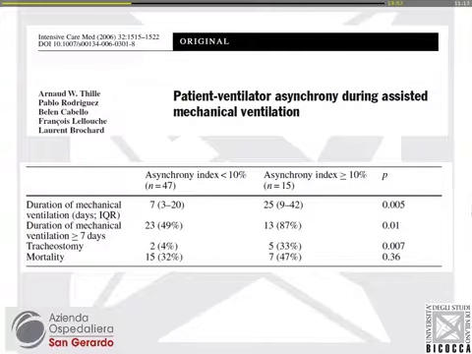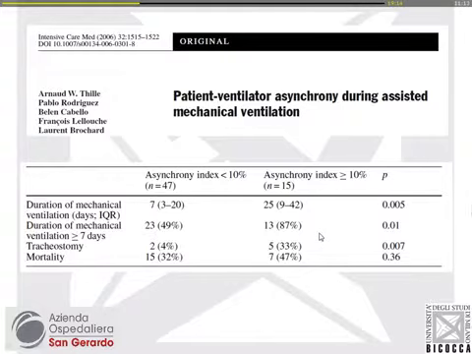This is an example of a very nice article by the group of Brochard, by Arnaud Thille, that shows that in patients with a higher asynchrony index, which is just one way to quantify the amount of asynchrony, the duration of mechanical ventilation is prolonged, and there is a higher incidence of tracheostomy, likely because of this increased duration of mechanical ventilation.